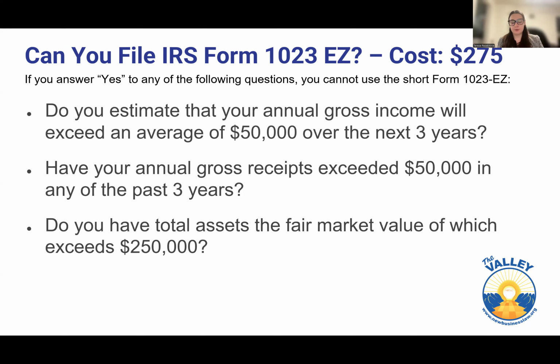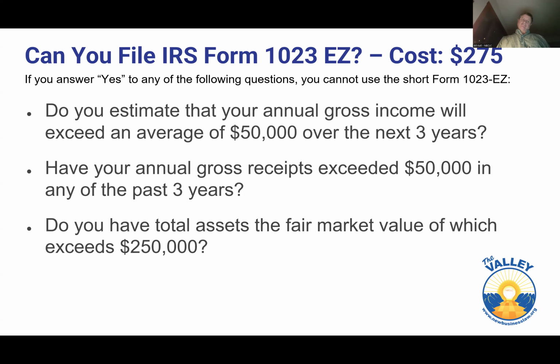So if you're not sure, because again, these are just your best guess estimates. For this form, they are not asking you to provide any financials or budgeting. So in this case, if you think it is more likely than not that you will make less, then go ahead and still file the 1023 easy.